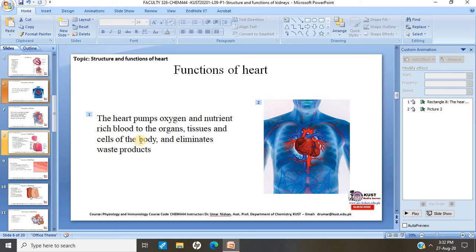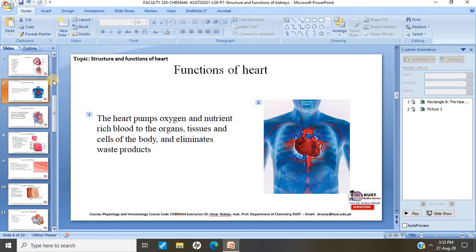This is why the heart is so important, and it needs to function continuously, because for cellular respiration we always need oxygenated blood. That oxygen is provided by the pumping action of the heart, which gives it this vital role.